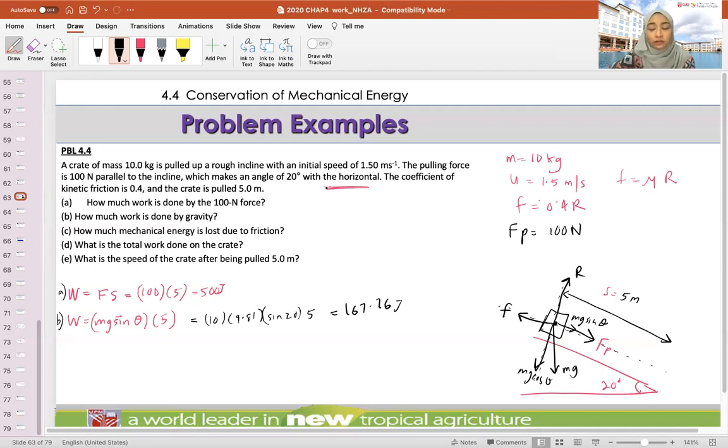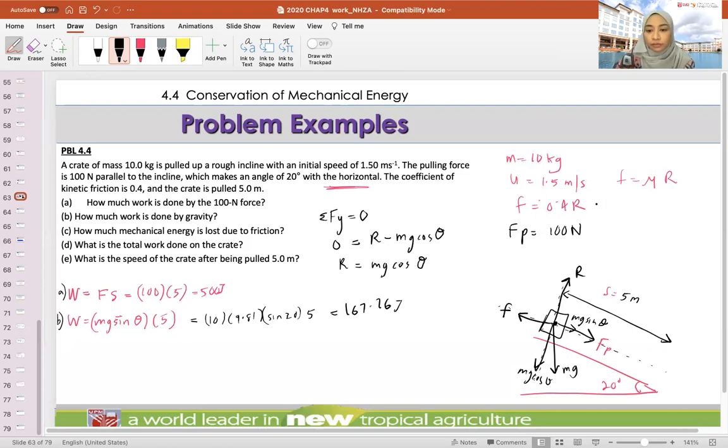No. Therefore, let net Fy equal 0. At the y-axis, we have R minus mg cosine theta equal to 0. Therefore, R is mg cosine theta.